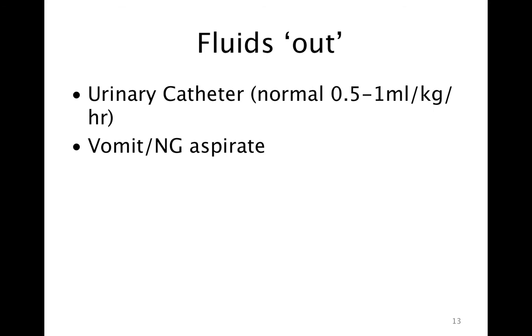An accurate estimate of vomit or NG aspirate needs to be made and recorded, as does any watery stool or loss from a stoma or fistula. Normal stool is included in insensible losses.